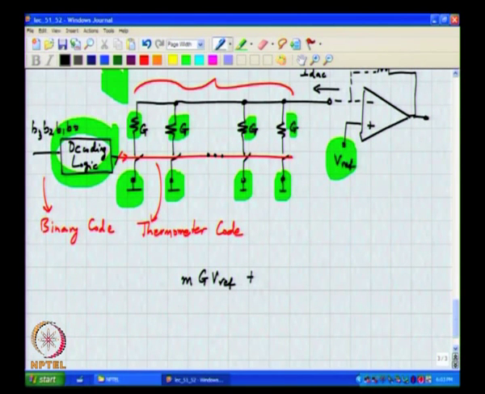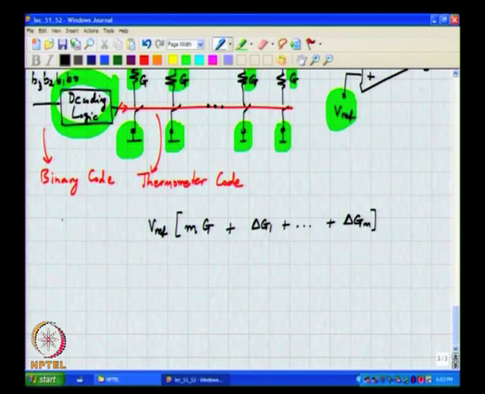So, let us call them delta G1 plus, so this must be M times Vref times G plus delta G1 and so on up to delta G M. Okay. So, IDAC for code M is clearly a Gaussian random variable.